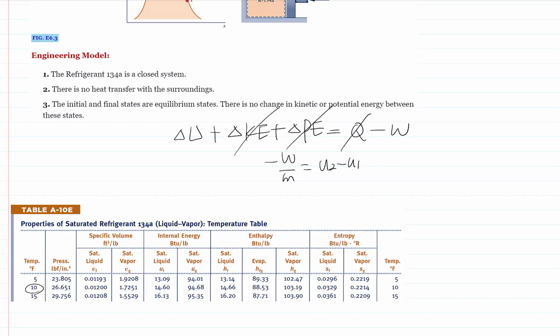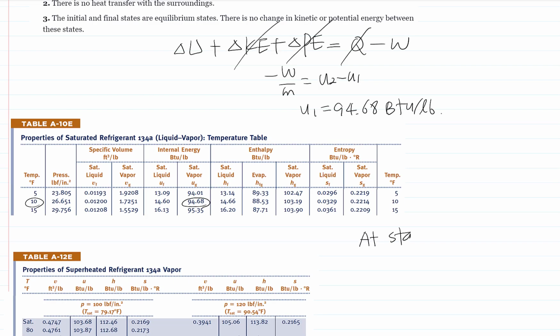At 10 degrees Fahrenheit, the internal energy for saturated vapor is shown here. So u1 is 94.68 BTU per pound. At state 2, what we know is the pressure, 120 psi.